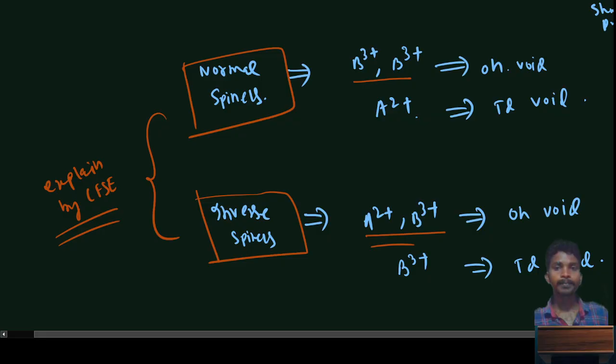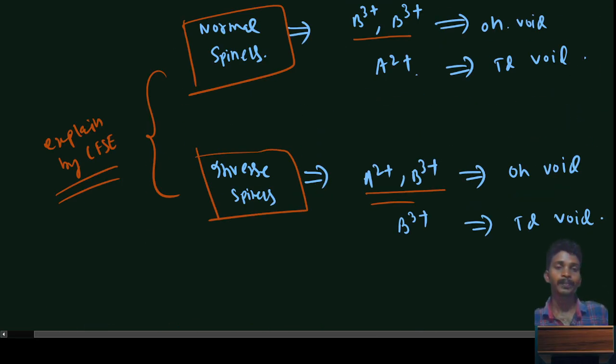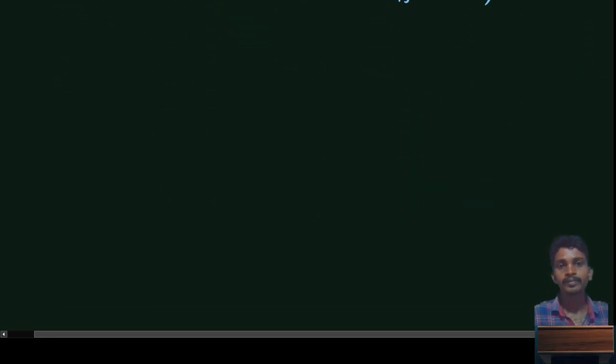What CFSE says is very clear: whichever cations have the highest CFSE values will go to the octahedral voids.